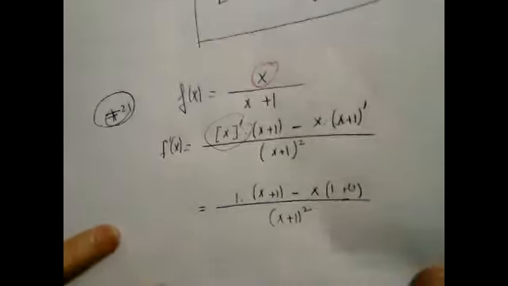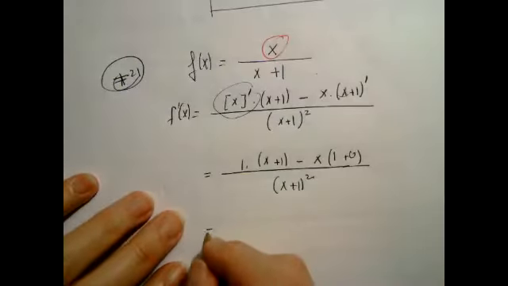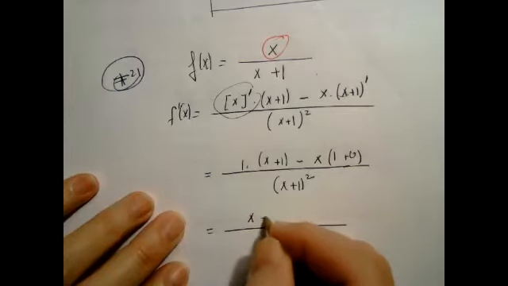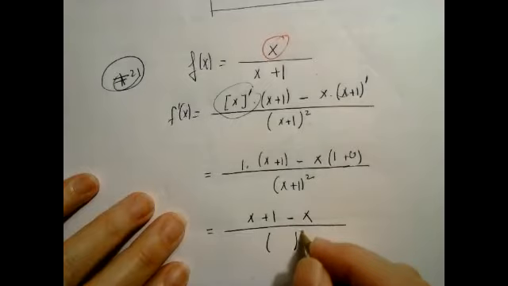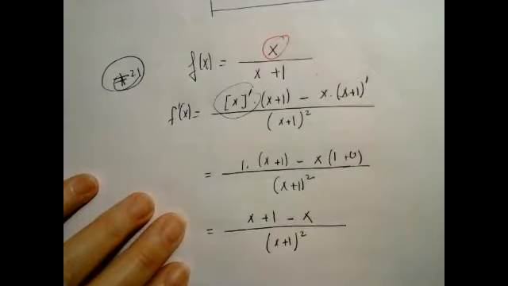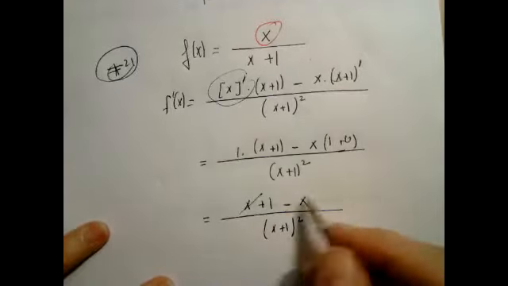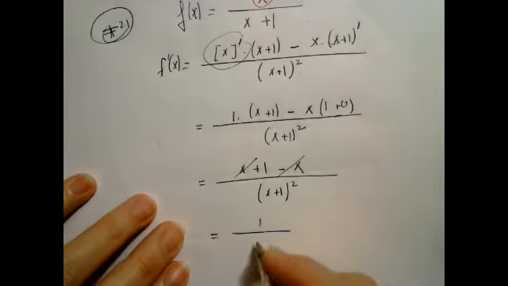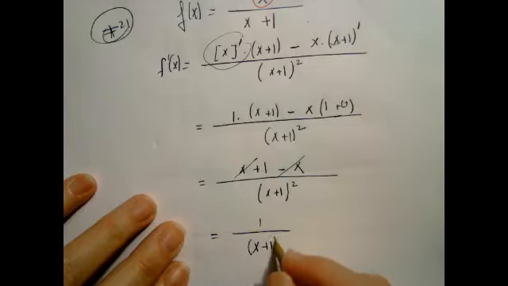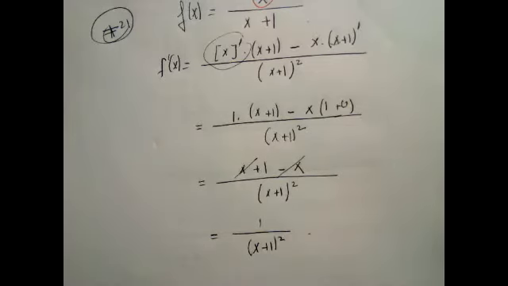Finally, it's going to be equal to x plus 1 minus x over the quantity x plus 1 squared. And now the x and the x do simplify, and this leaves me with 1 over the quantity x plus 1 squared. Okay, so that's an application of the quotient rule that we're going to be using over and over now. Please, if you have any questions, let me know.